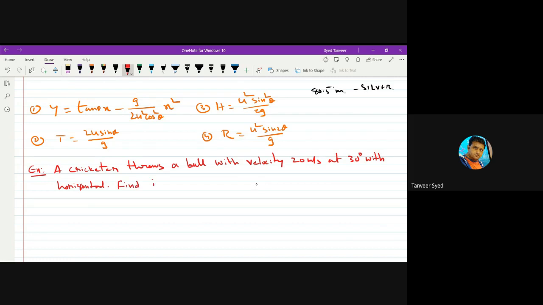Find number 1, time of flight of the ball.